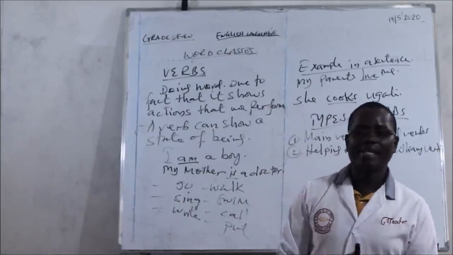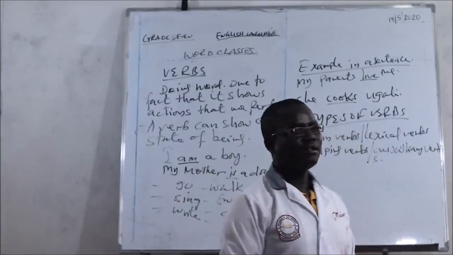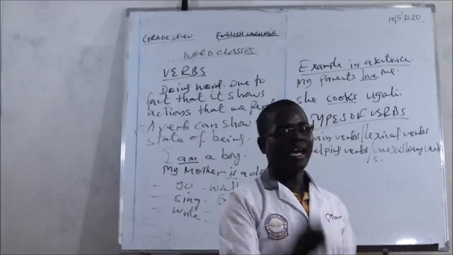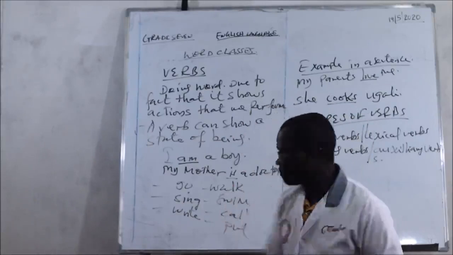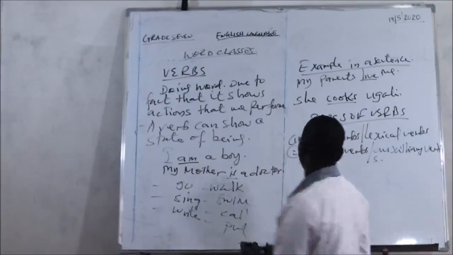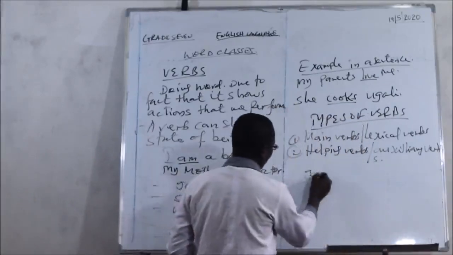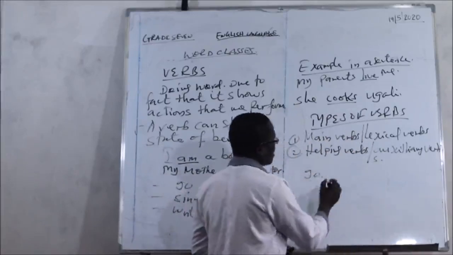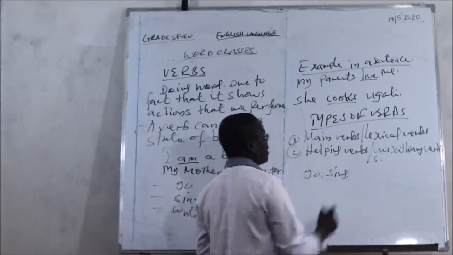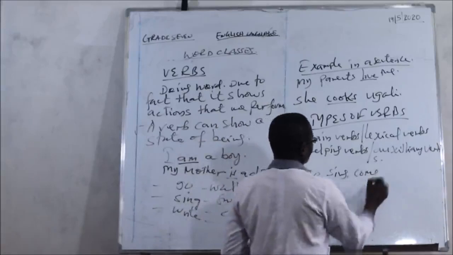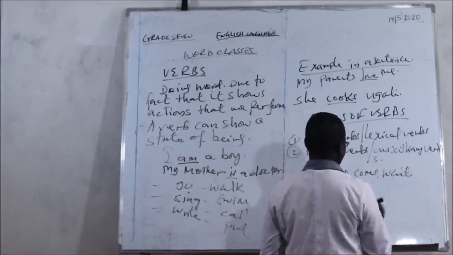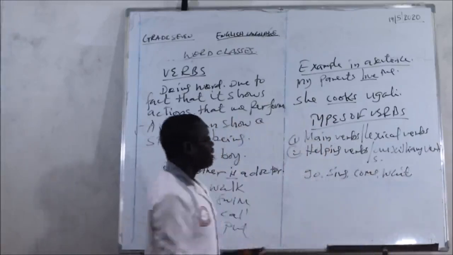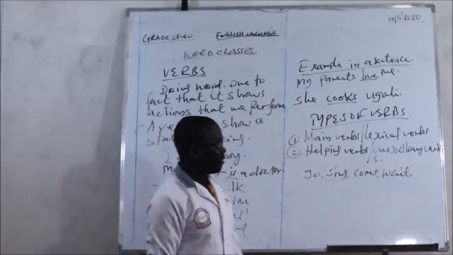For example, here we have the word go, the word sing, the word come, the word wait, and the rest. These are examples of main verbs.